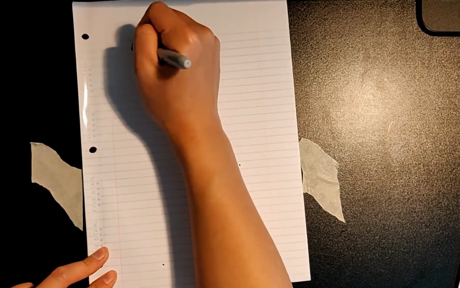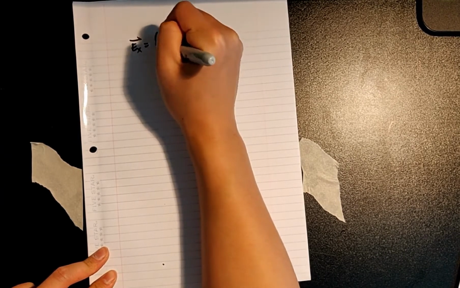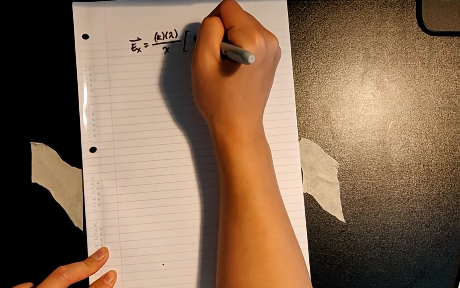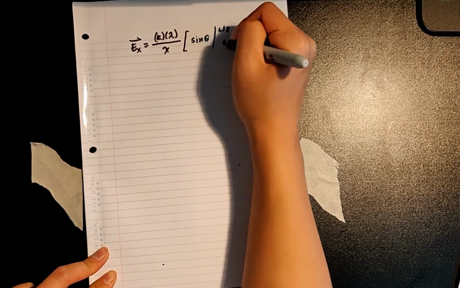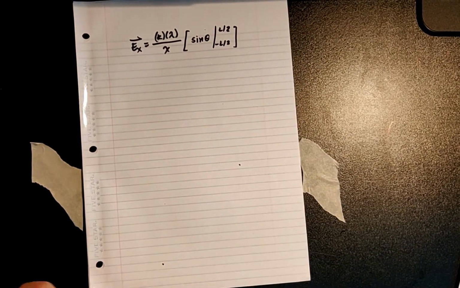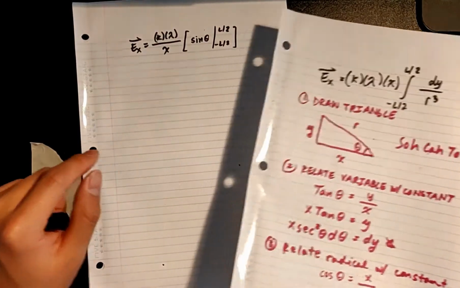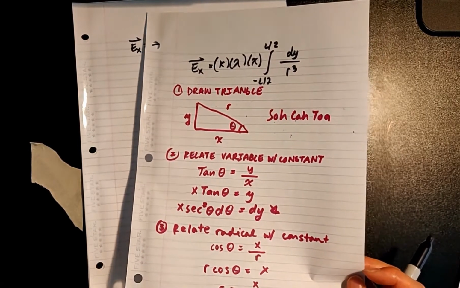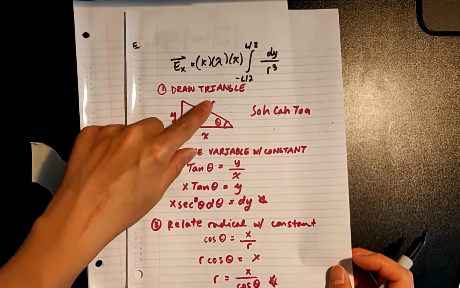So relating it back to our triangle, sine theta is simply just going to be opposite over hypotenuse.